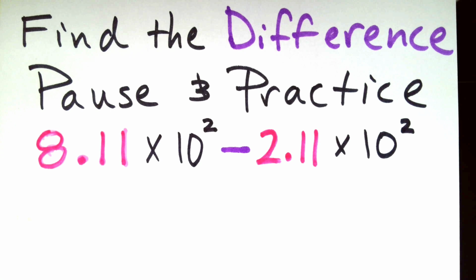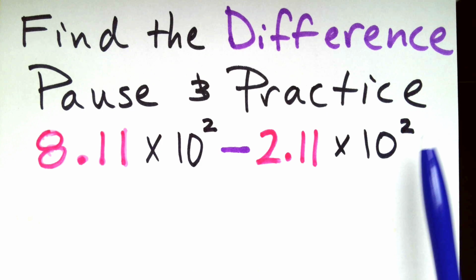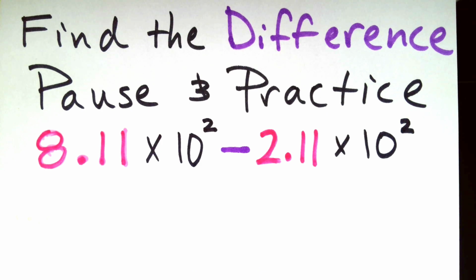This is a part 13 video in finding the difference using scientific notation, a pause and practice. I have two problems in this video of pause and practice, and I'll have two more in part 14. Let's jump right into it. Number one: 8.11 times 10 to the second power minus 2.11 times 10 to the second power.